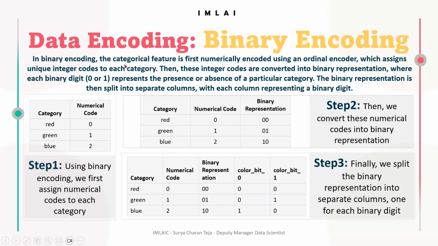So I'm repeating this again. The categorical feature is first numerically encoded using an ordinal encoder, which assigns unique integer codes to each category. That's what we did in our first step. Then these integer codes are converted into binary representation, where each binary digit, 0 or 1, represents the presence or absence of a particular category.